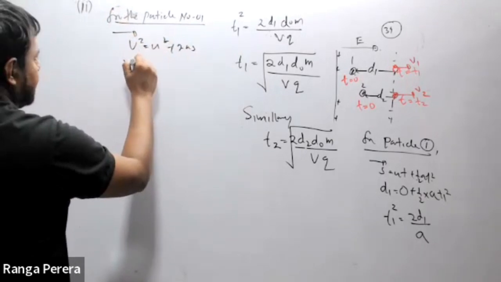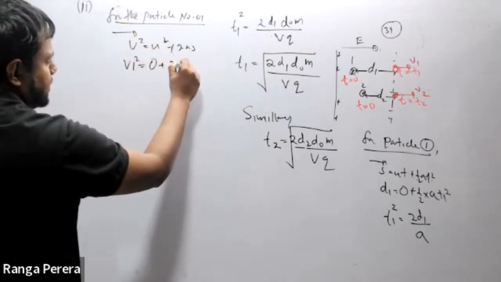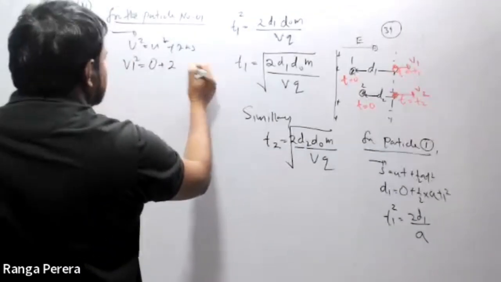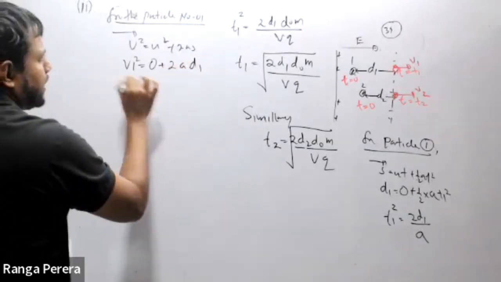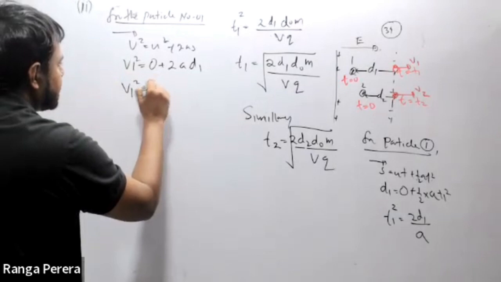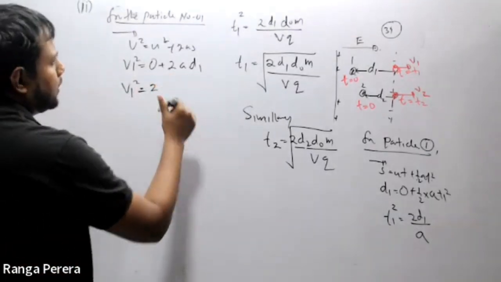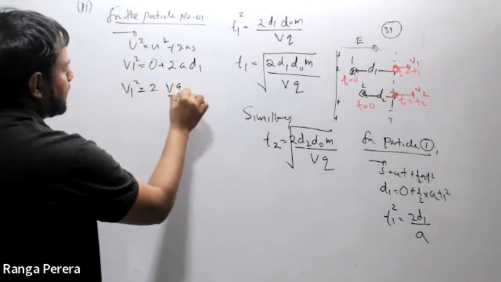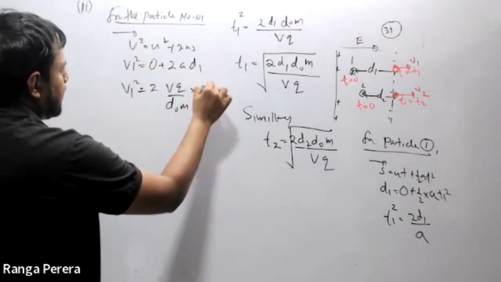It is v1 squared, started from rest, with acceleration equal to V Q divided by d naught m, into d1.